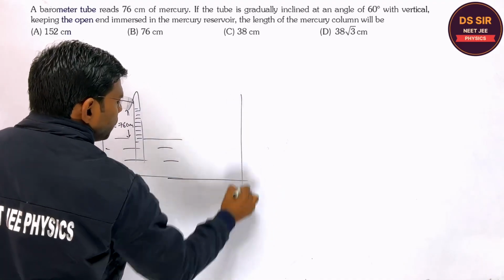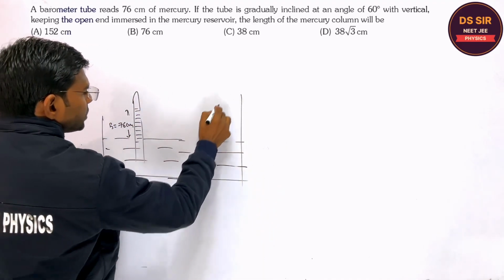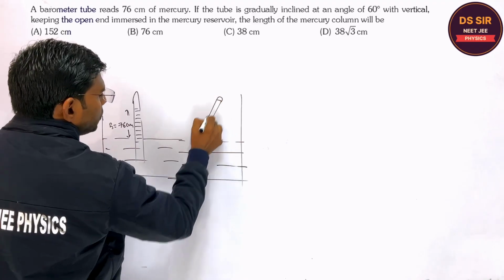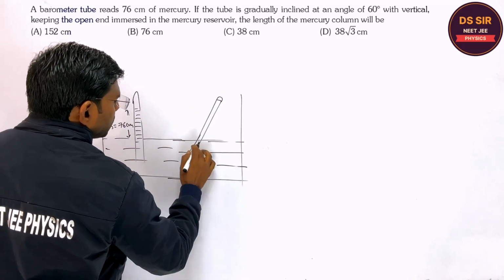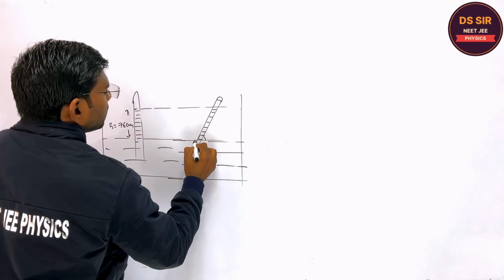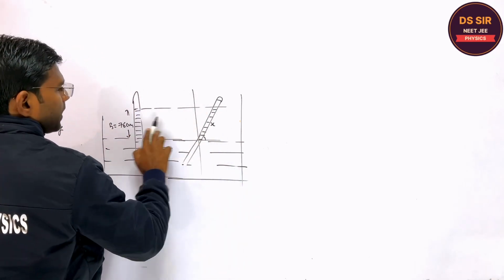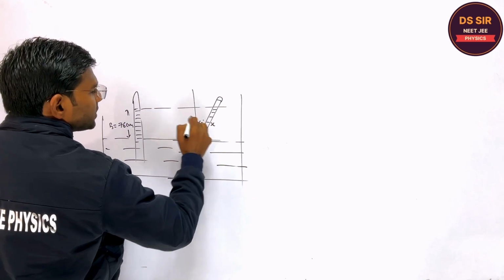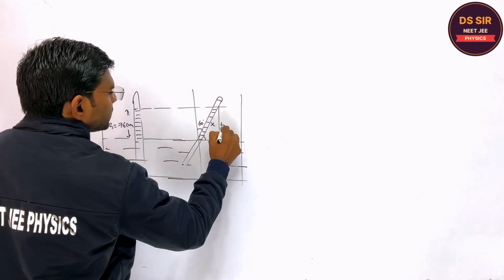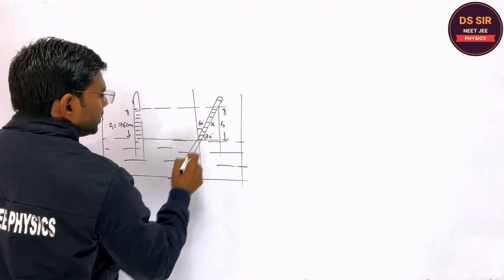Now, if this barometer tube is inclined gradually, are you getting or not? Like this. So the mercury level will rise in the same way. Suppose this is the X, and from the vertical the angle is given, it is very important, and this is H. So this is 60 degree, this is 30 degree.